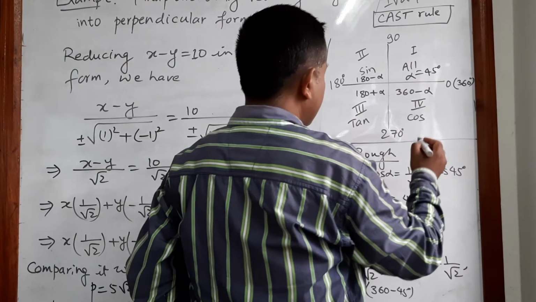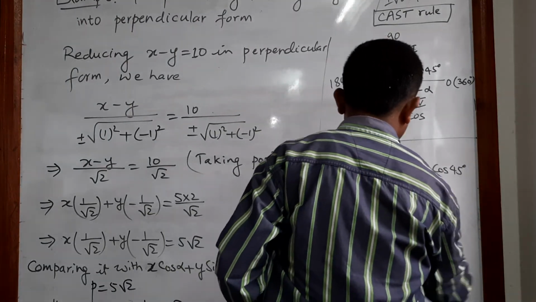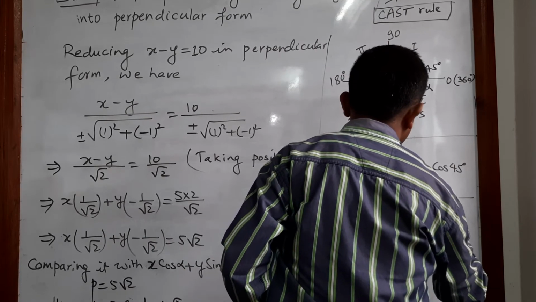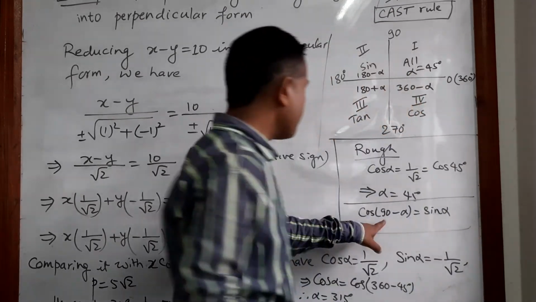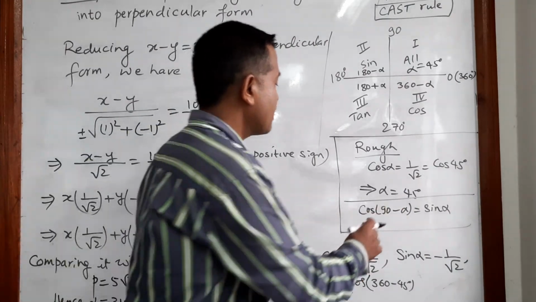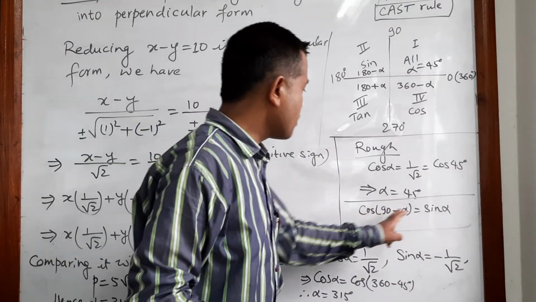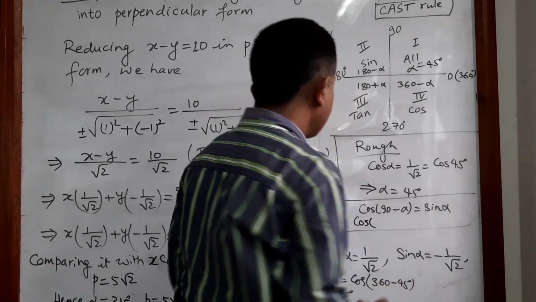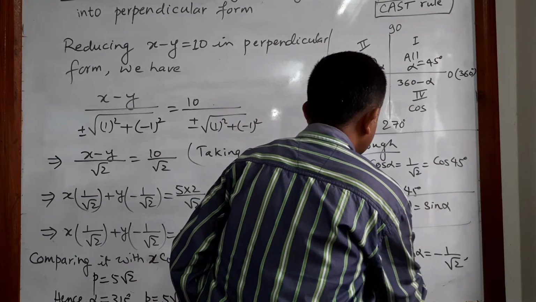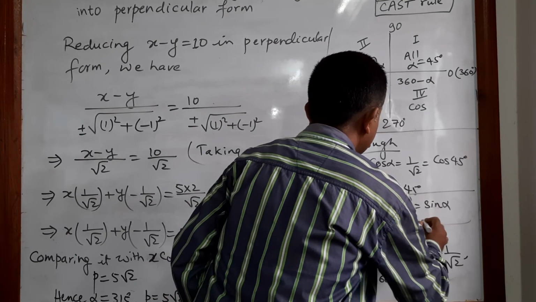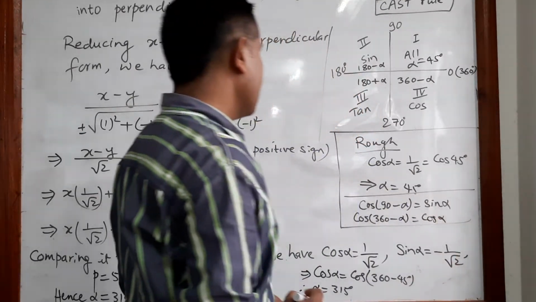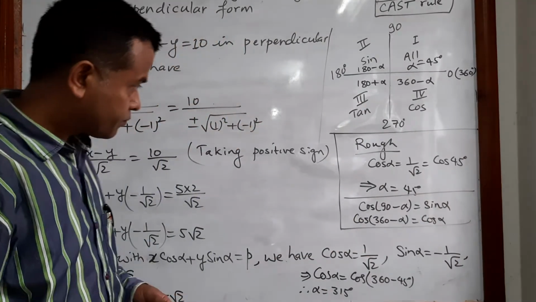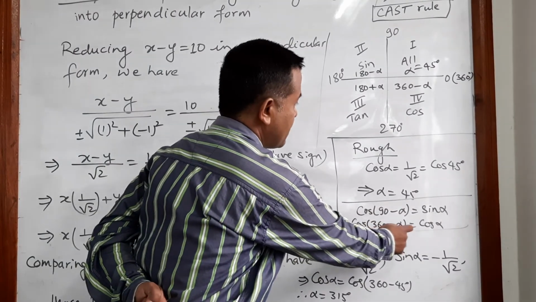Because you know that cos of 90 minus alpha is sin alpha. If the multiple of 90 is 1 or any odd number, then the trigonometrical ratio changes. But if the multiple of 90 is even, then the trigonometrical ratio does not change. Here 360 minus alpha lies in the fourth quadrant.